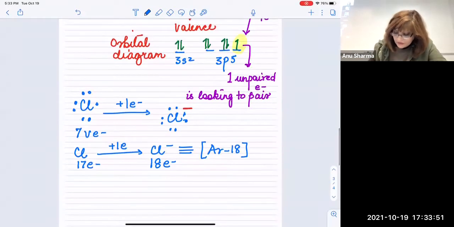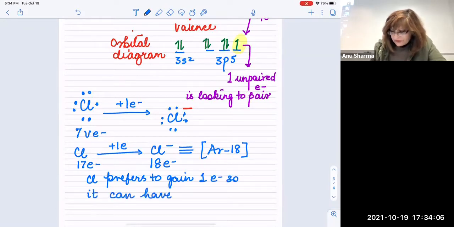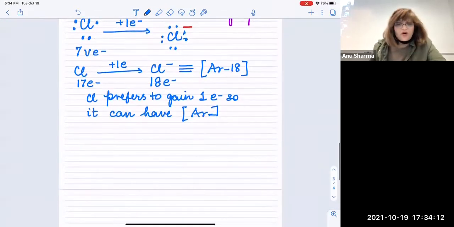And similarly, chlorine prefers to gain 1 electron, so it can have the electronic configuration of argon. Okay, so that's the reason why. The octet rule is the driving force, wanting to look like the nearest noble gas.